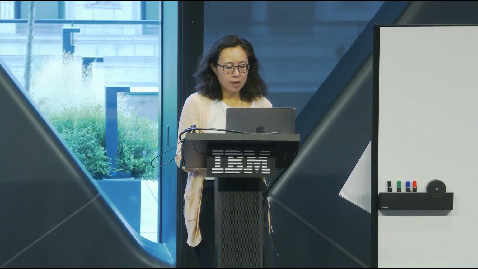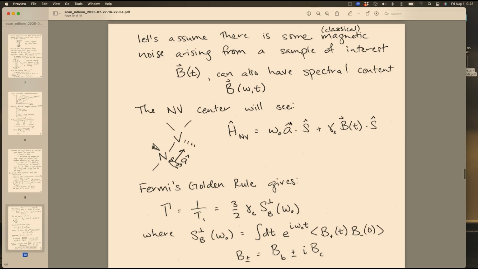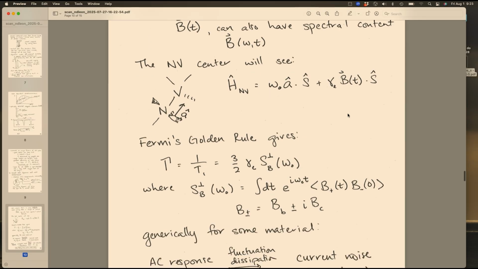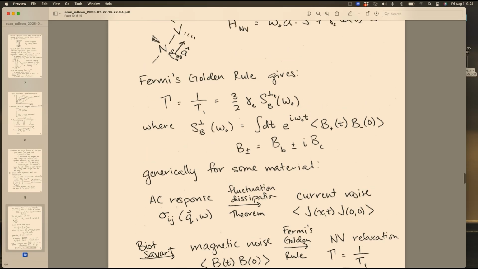Okay, so what we care about is this B of t with some spectral content, so B of omega. What the NV center is going to see is some fluctuating magnetic field that couples to the spin. And then what Fermi's golden rule gives us is that 1 over T1 is going to be proportional to the spectral density of the B field that is perpendicular to the quantization axis, right?